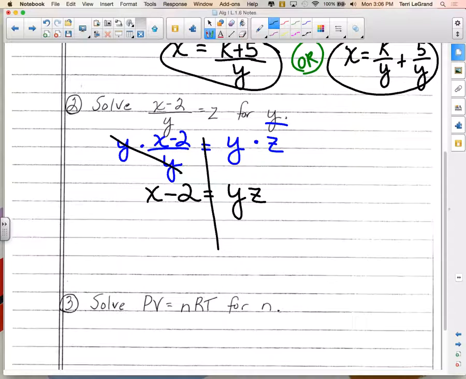Now y is looking a little bit friendlier. It's upstairs. What's happening on the side with y? Being multiplied by z, so what should we do? Divide by z. We're going to divide both sides by z.